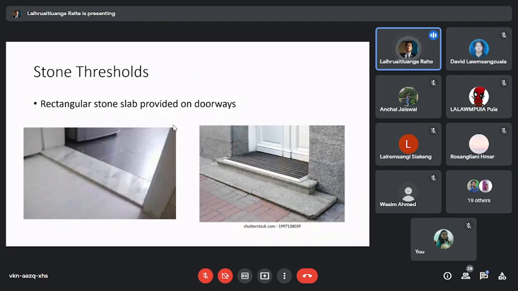All right. Last topic of the day, we have stone thresholds. Stone thresholds are nothing but regular stone slabs provided on doorways. So you would have these on your wooden chaukat. I hope by now everyone knows what chaukats are.